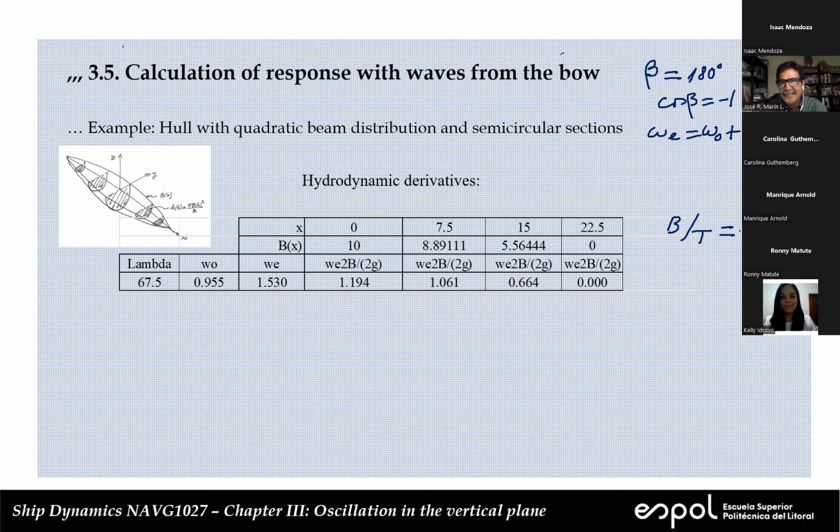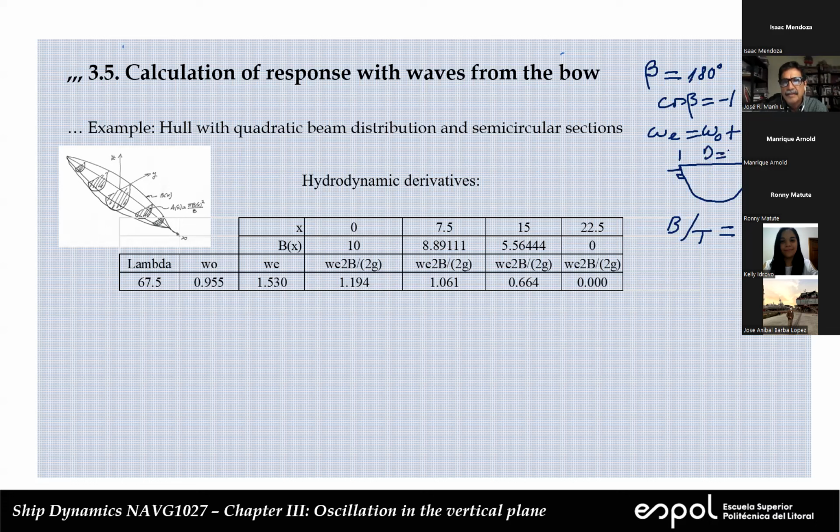Mr. Barba, what's the ratio between B and T? It is 0.8. This is the section, okay? So it's semicircular. From here to there, that's the diameter, and it's equal to the beam.